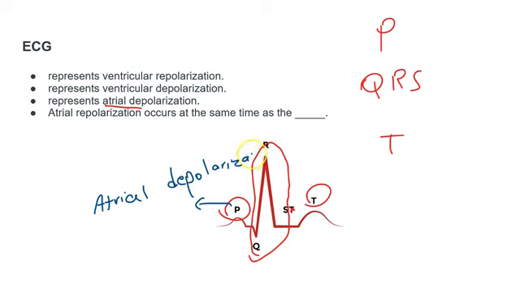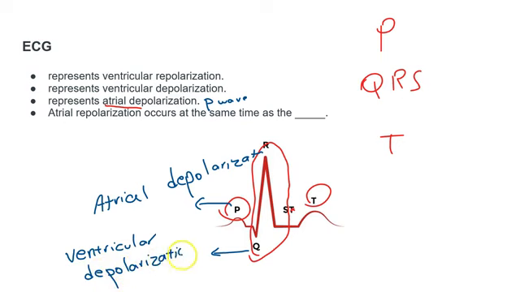During the QRS recording, our ventricles are going to be depolarized. So during the QRS, we have ventricular depolarization. We have ventricular depolarization happening here.